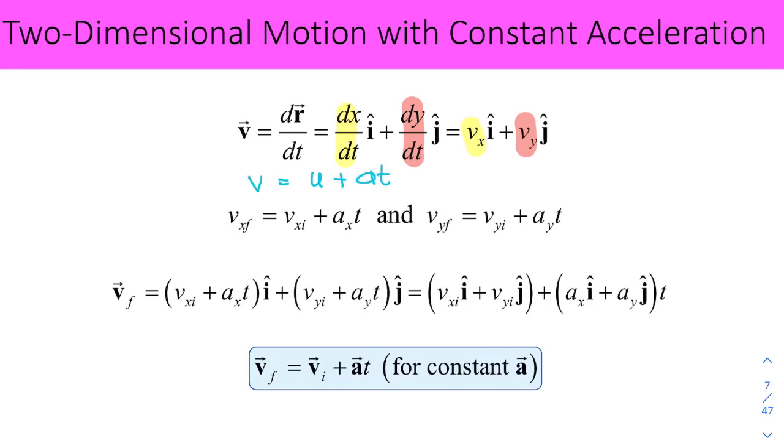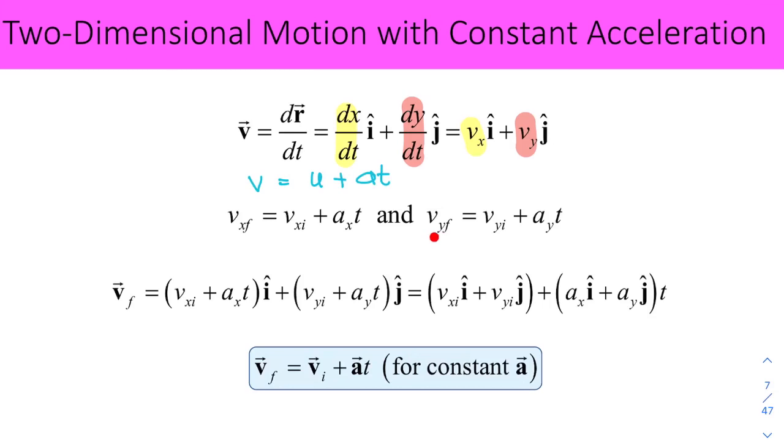However, your V final consists of X and Y components. So the treatment is like this. V final in terms of the X component is V initial in terms of the X component plus acceleration along the X component times t.